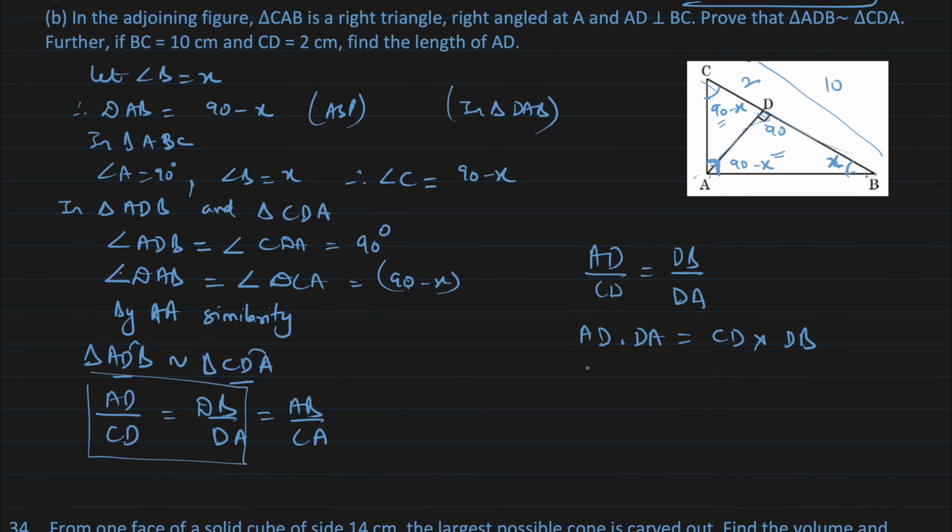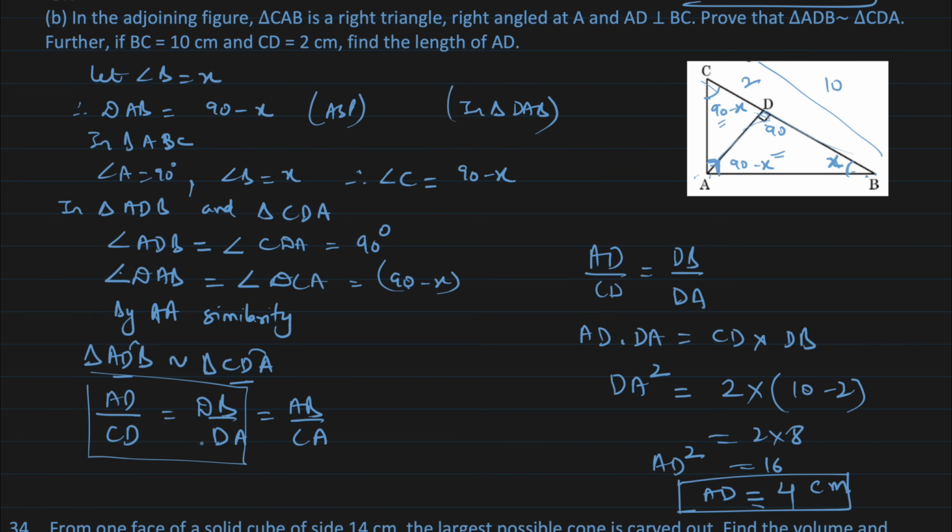So AD square is CD into DB. CD is 2, DB is 10 minus 2, right? So 2 into 8, that's 16, that's AD square. So AD comes out to be square root of 16, which is 4 centimeter, and we are done with our answer. So I hope it's clear, students.